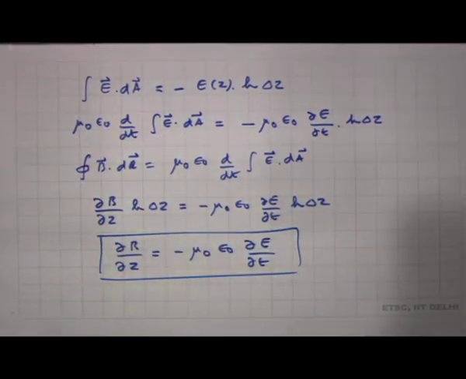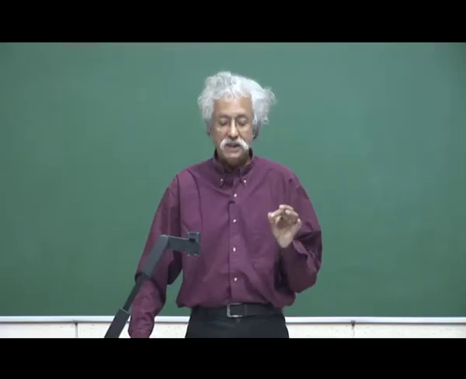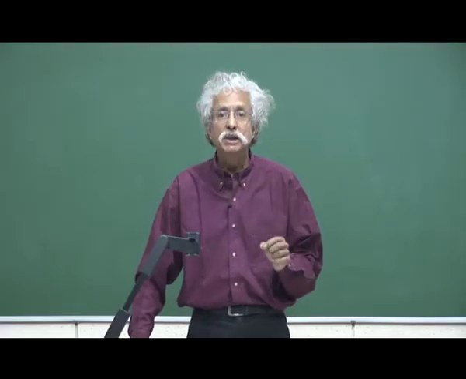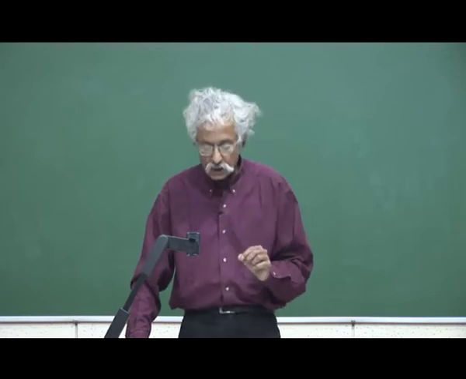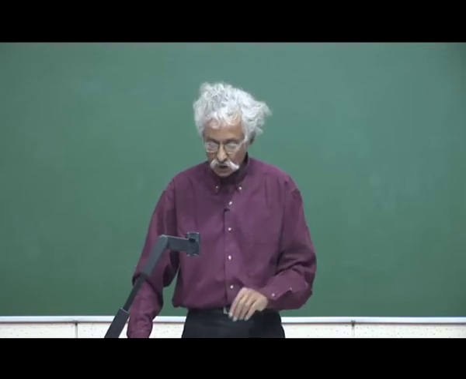So, just like I had an equation relating del E by del z and del B by del t, I have another relationship between del B by del z and del E by del t. If the solutions which I have written have to satisfy the generalized Ampere's law, then the electric and magnetic fields must satisfy this equation: del B by del z is minus mu 0 epsilon 0 del E by del t.